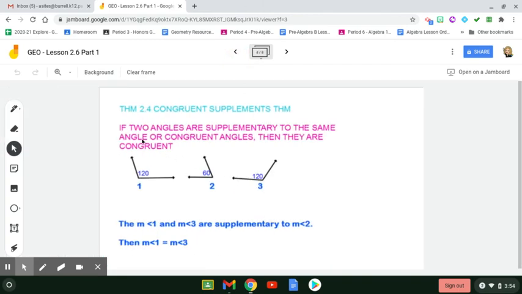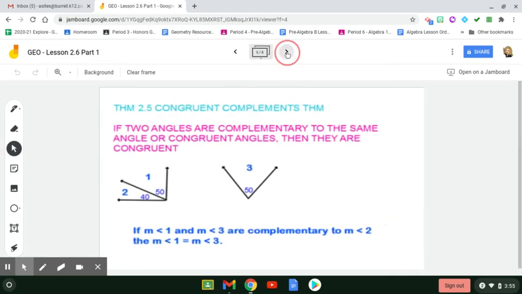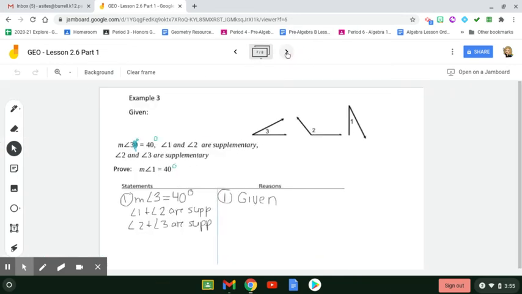If we have two angles that are supplementary to the same angle, then we can say that they're congruent. We have angle 1 and angle 2 being supplementary, and angle 2 and angle 3 being supplementary. So I'm thinking that we have that congruent supplements theorem. Let's see what we can do with that.